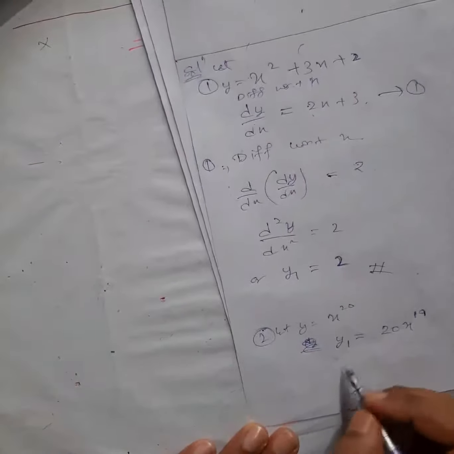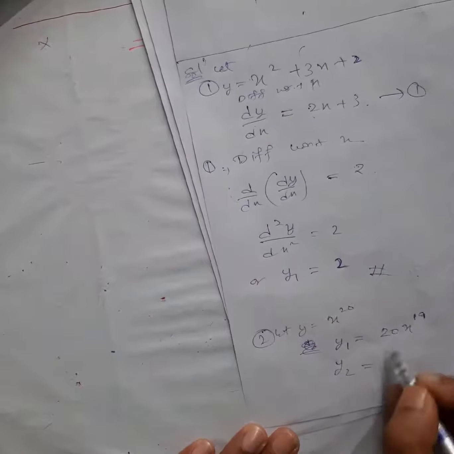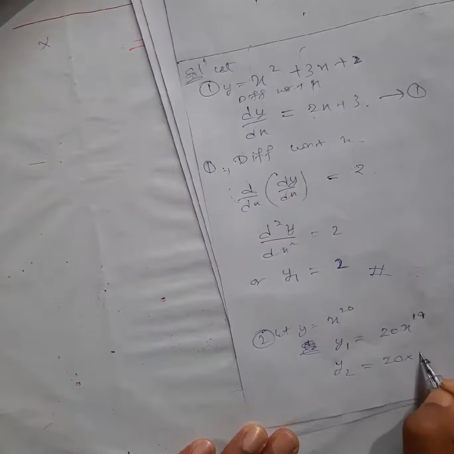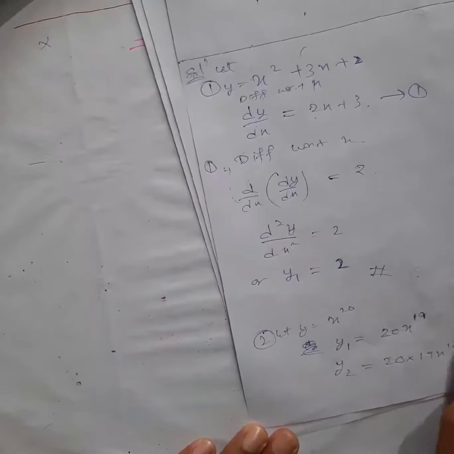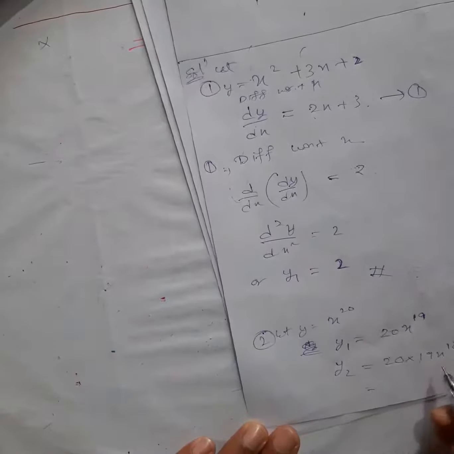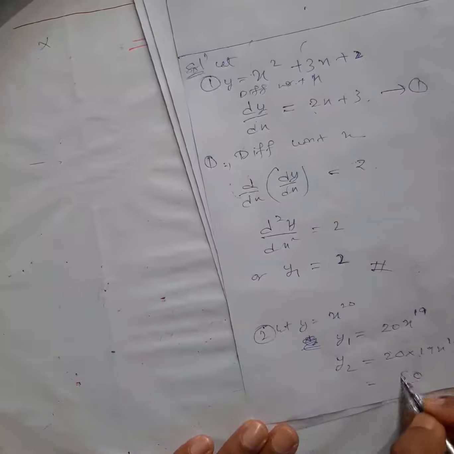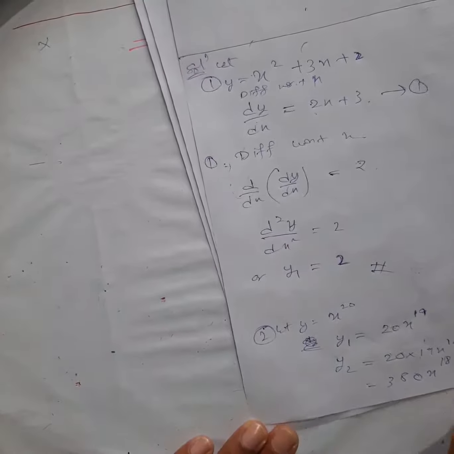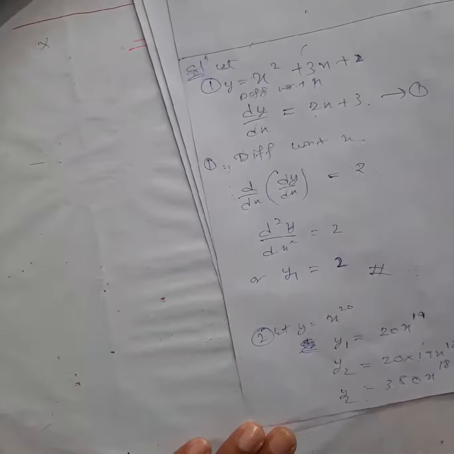So this is first order differentiation. For second order differentiation, differentiate this again, so 20 into 19 will come as coefficient with one power less, so you just multiply this to whatever comes out. 20 into 19 is 380, so 380 x to the power 18. So this will be your answer, y2.